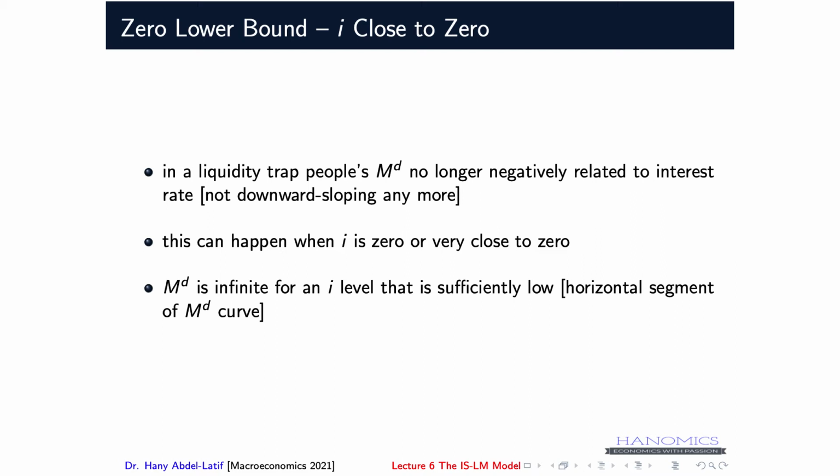So given that the interest rate here is zero, or very close to zero, the economy is facing a liquidity trap where people are indifferent between holding money or holding bonds, and that also implies that this negative relationship between money demand and interest rate is no longer valid, because the interest rate is zero or very close to zero.